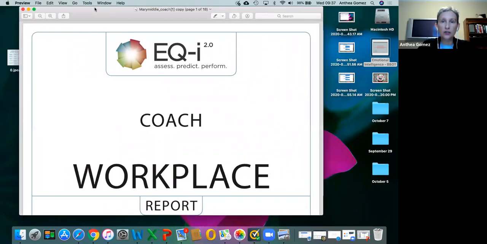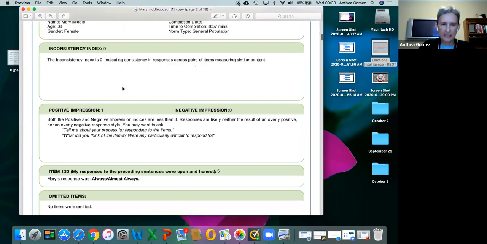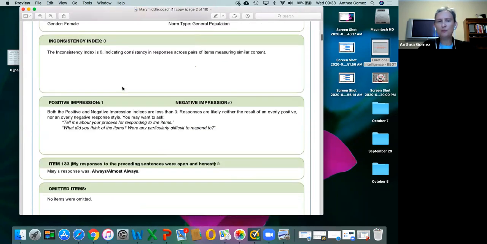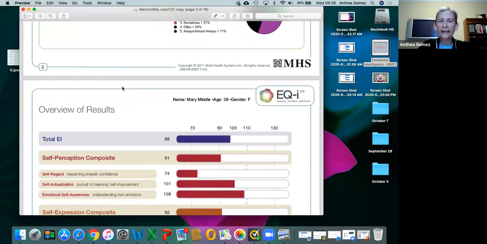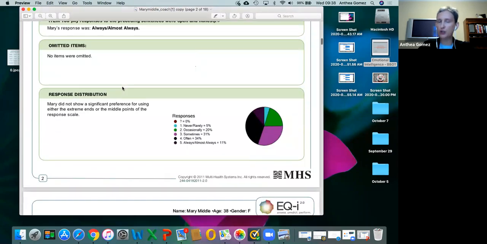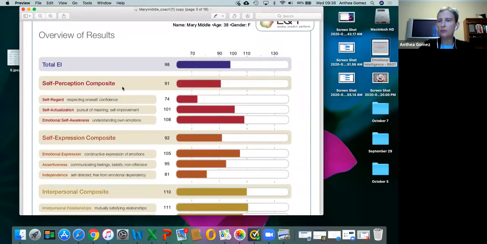Yes. Can you see the screen there still? Yep. Okay. This is the workplace report, but it is modeled on the assessment. There's a front page that just speaks to how you have responded to the assessment. This is the same regardless of the report, be it your personal report or a 360, and in this case, it is the workplace report.